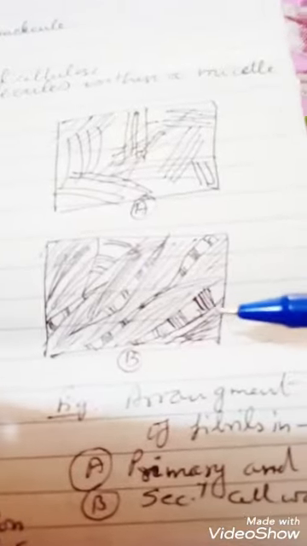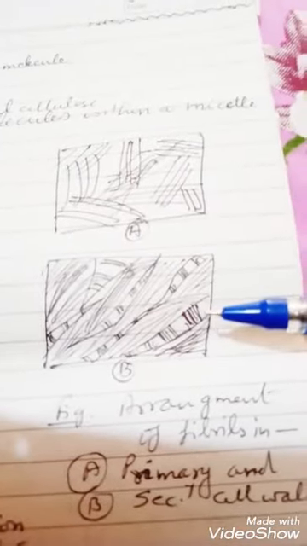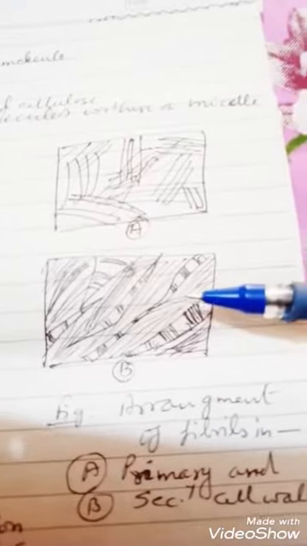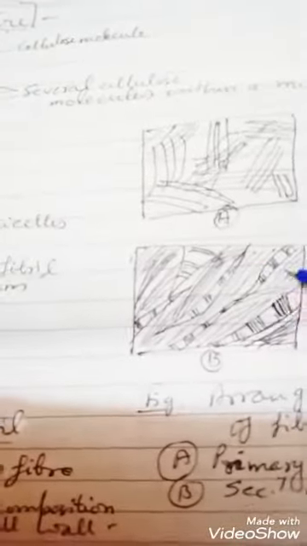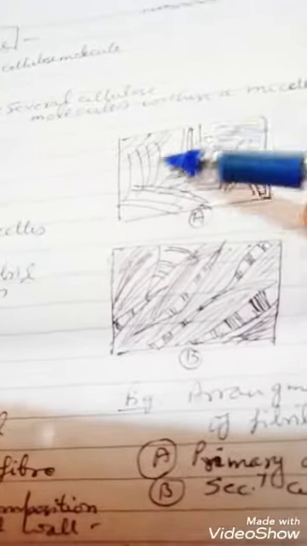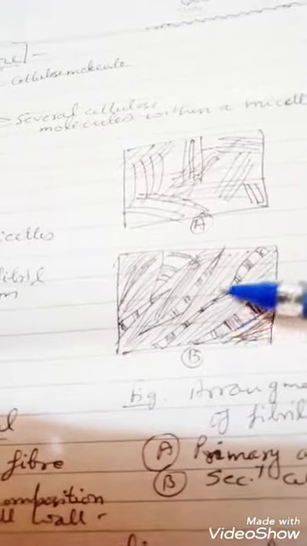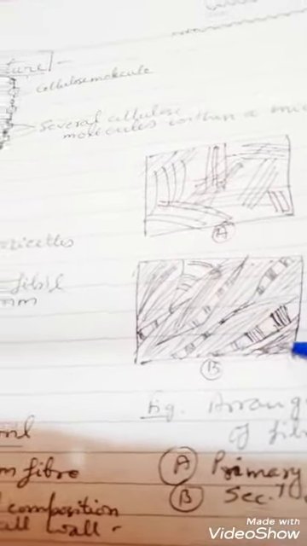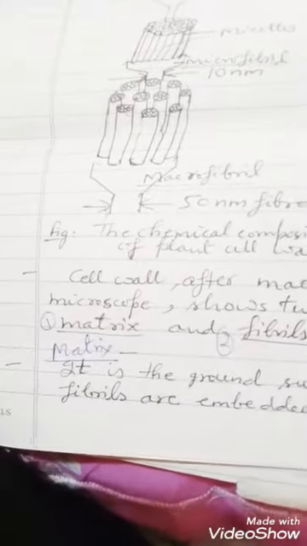When we see the ultrastructure of the cell wall, we have two parts, the matrix and the fibrils. The matrix is the ground substance, and the fibrillar structure is impregnated and suspended in the matrix. So the cell wall after maceration under the electron microscope shows two main parts, the matrix and the fibrils.